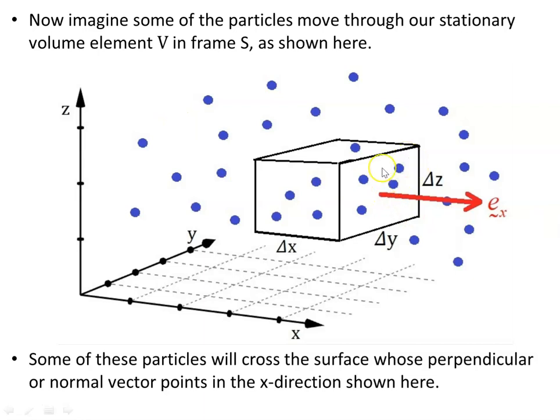Now the surface here, this delta y delta z surface, is perpendicular to the x direction. It's a surface of constant x value, and the perpendicular to which points in this direction where the red vector e_x is pointing. All right. So some of these particles will cross a surface whose perpendicular or normal vector points in the x direction, shown here.